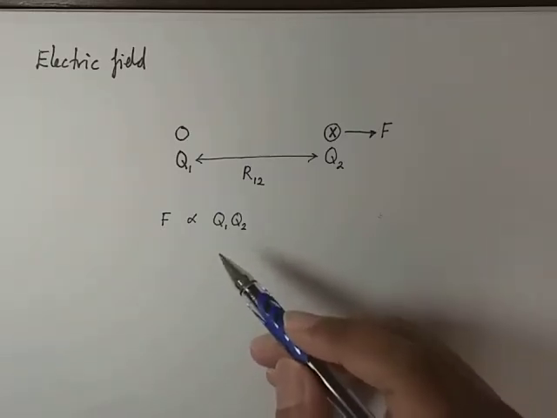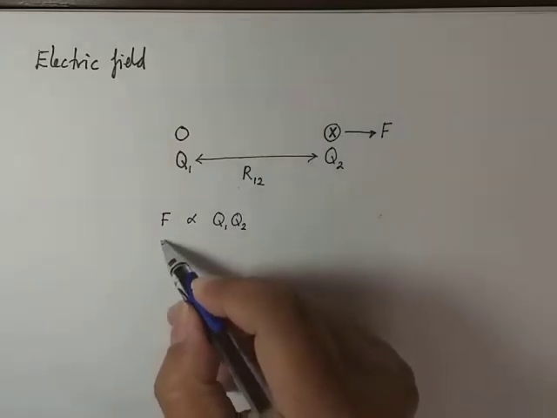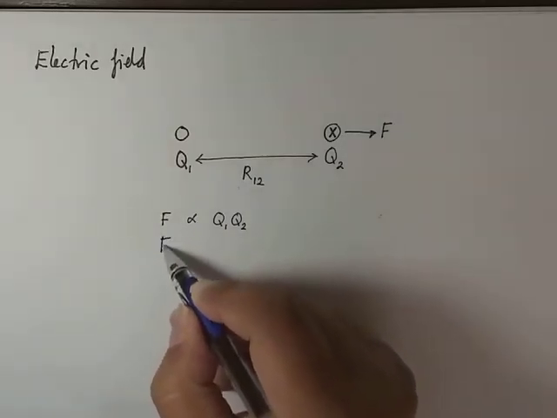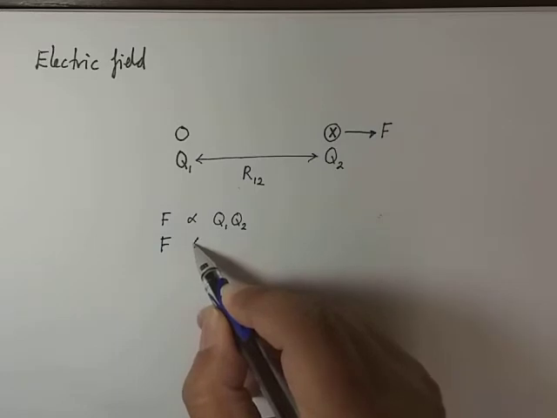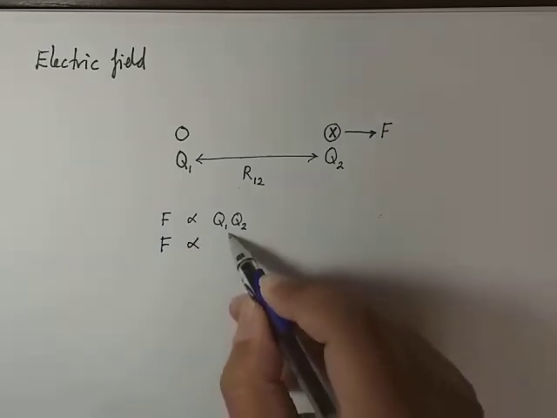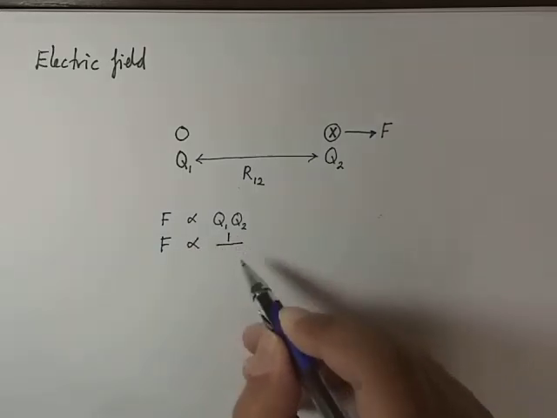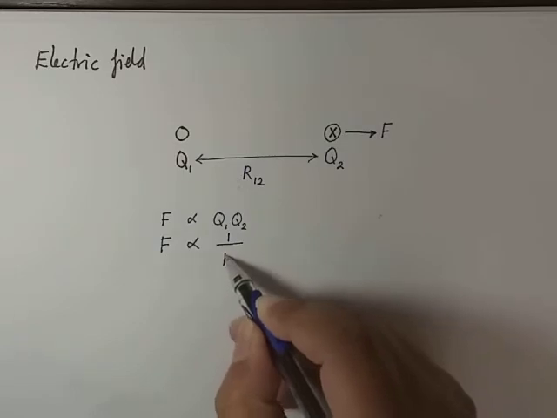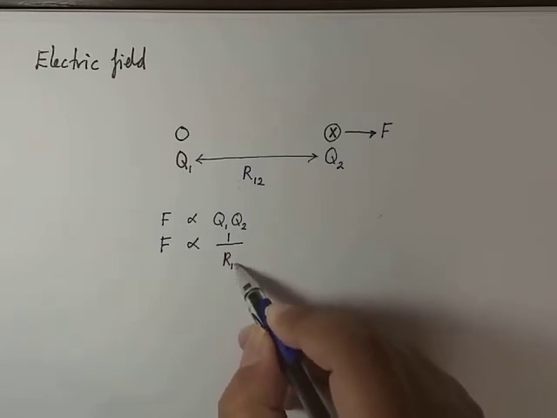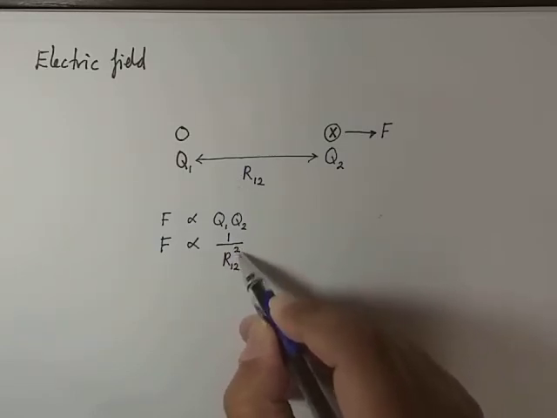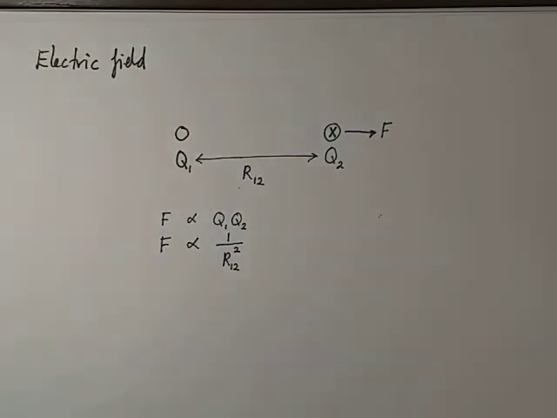The second observation that he found is the distance, where the force is actually related to the distance. From his experiment, he tabulated that it is inversely proportional to the distance squared. Meaning what? The further apart the two point charges, the smaller the magnitude of force created. So that's what he observed.